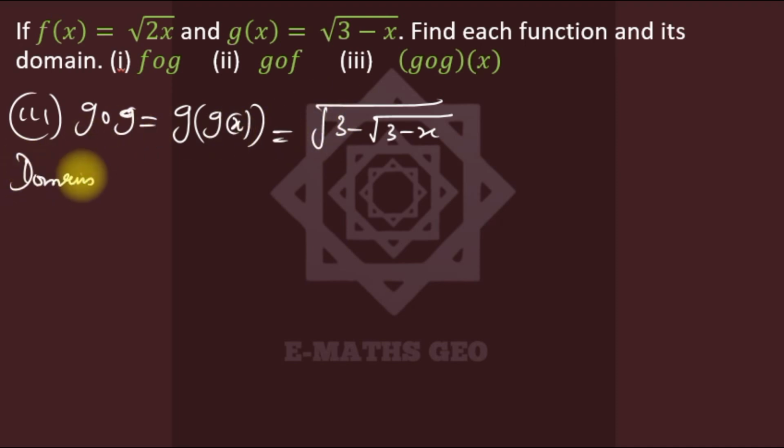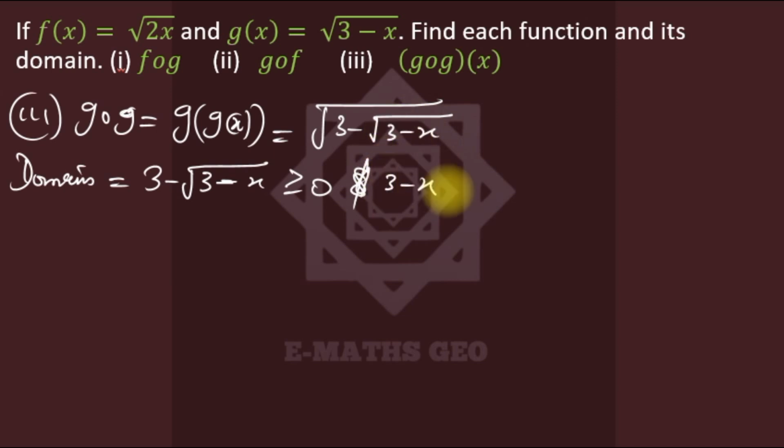For this to be defined, whatever that is here must be a number greater than or equal to 0, and also whatever that is here must be greater than or equal to 0. So solving here, we have 3 is greater or equal to root 3 minus x.